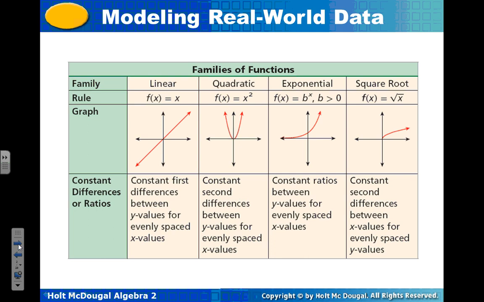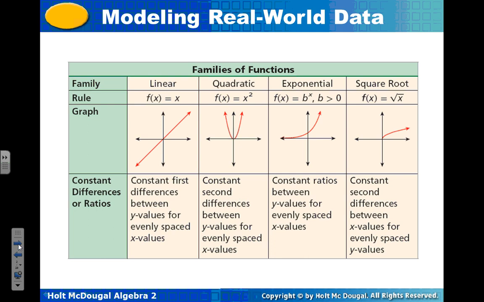But if you'll focus down here at the bottom of the chart where it says constant differences or ratios: a linear. If an equation is linear, looking at a table, it will have constant first differences between y values for evenly spaced x values.